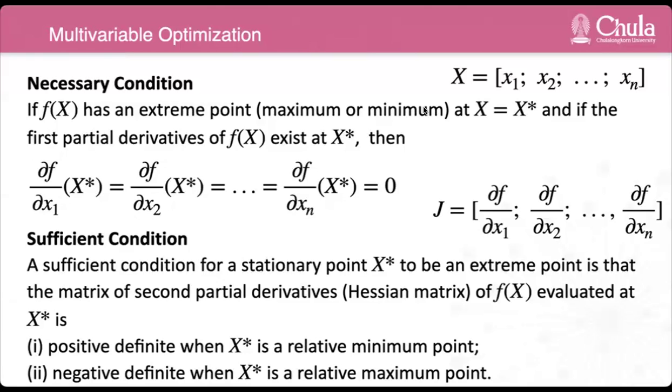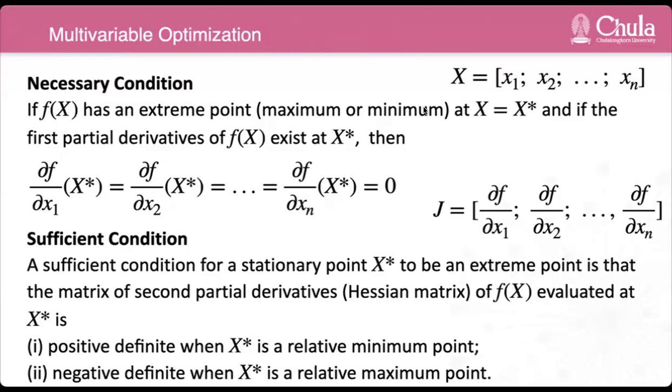Previously, because we worked in a single dimension with one variable, we didn't have to deal with vectors or matrices. But now we move to multiple variables. So instead of a single scalar, the first order becomes the Jacobian, and the second order becomes the Hessian matrix.